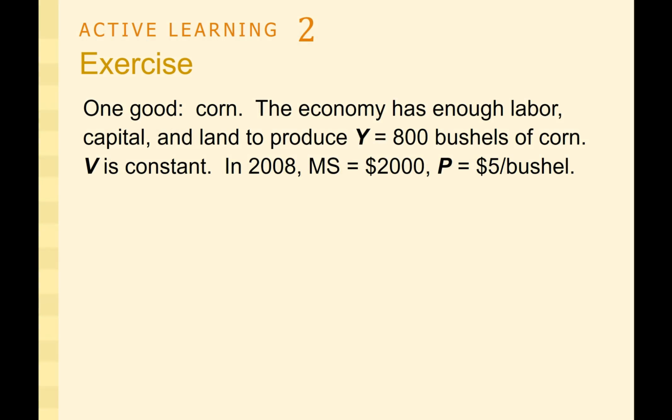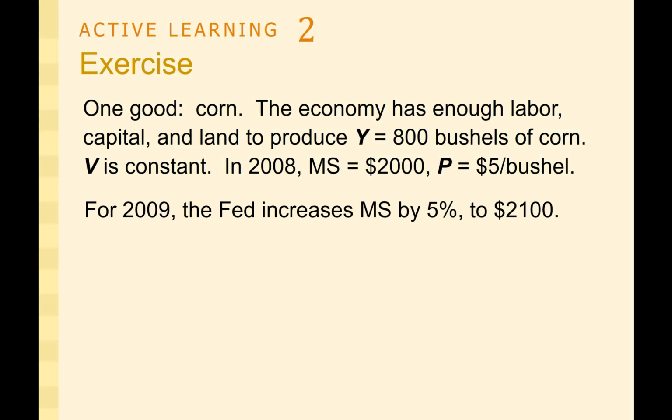So here's a chance to practice this again. We have the same information. We have 800 bushels of corn that we're capable of producing. We have the land, labor, and capital to produce 800 bushels of corn. Velocity is constant, and in 2008 the money supply was established at $2,000 and the price level is $5 per bushel. So in 2009 the Fed increases the money supply by 5%.